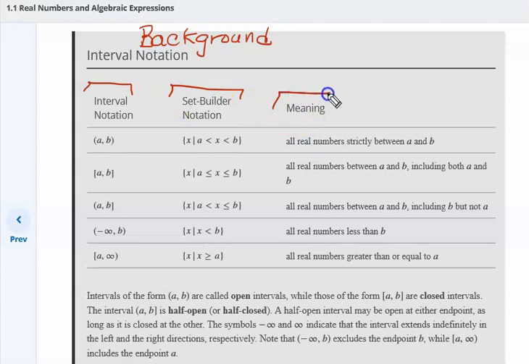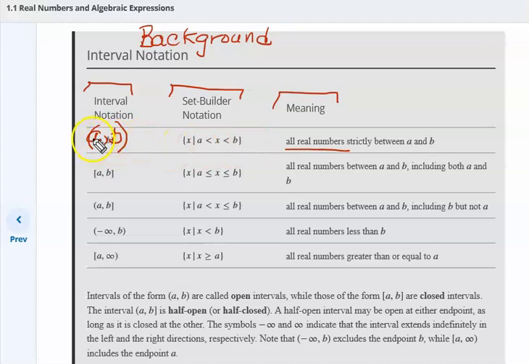You can take shortened notes on this, but under interval notation, you want to indicate the set, and these are indicated by parentheses, a, comma, b, and in set builder notation, x is such that a is less than x and x is less than b. So it would be all real numbers between a and b.